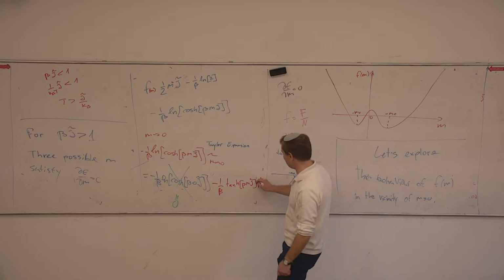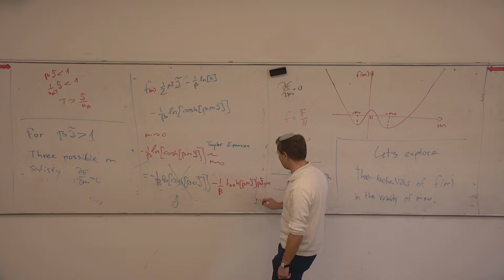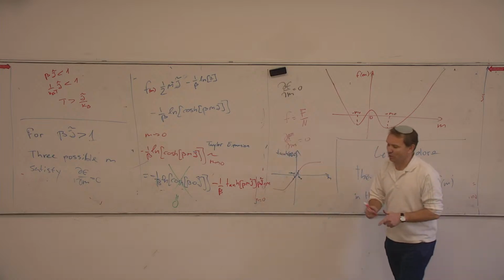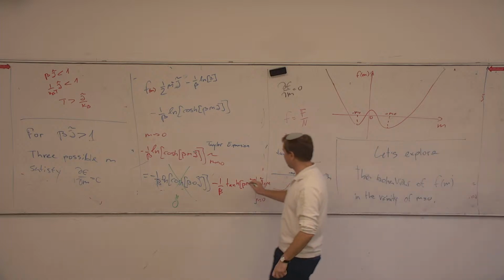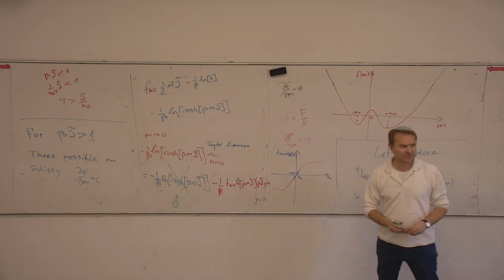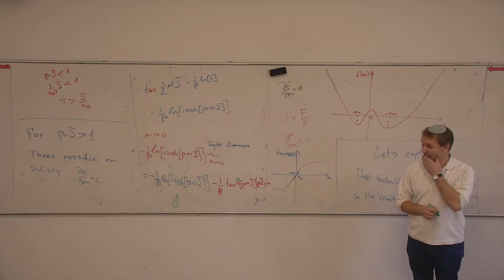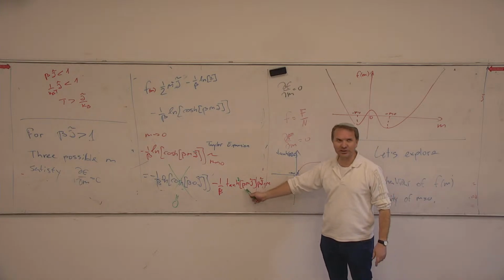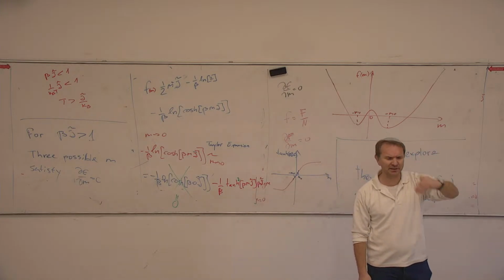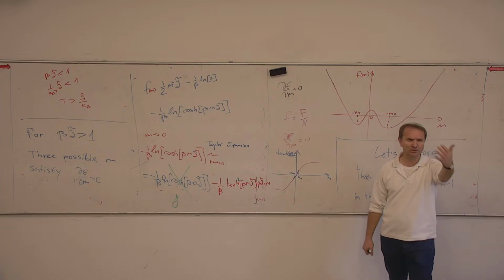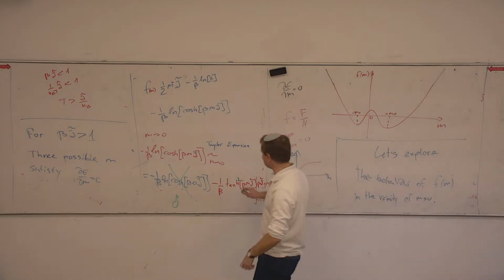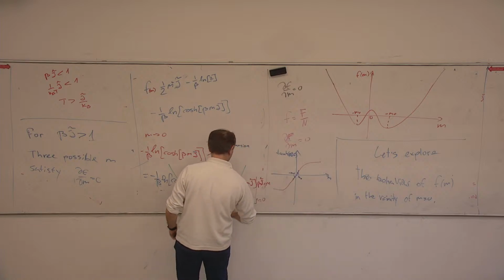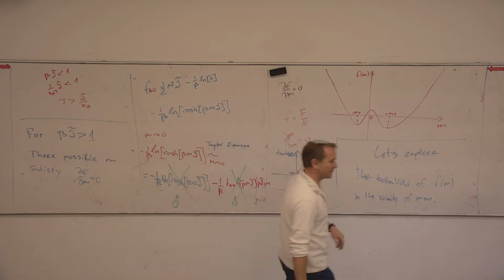Now I have to compute this at m equals 0. What is the value of the hyperbolic tangents? It's going to be 0. When I substitute over here, it's hyperbolic sine divided by hyperbolic cosine. Hyperbolic cosine at 0 is 1, hyperbolic sine at 0 is 0. So this term also drops out. This equals 0.